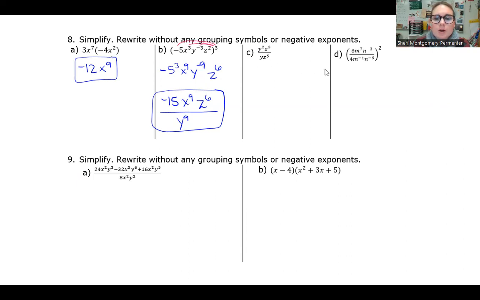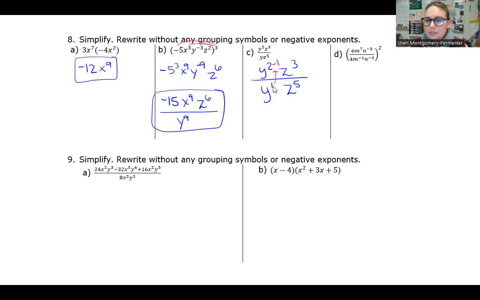For the next problem, I have y on top, y on bottom, and I'm going to rewrite it a little bit bigger. This is the same thing as y to the 1st power and z to the 5th power. I'm looking to see which one has a bigger exponent. Here 2 is bigger than 1, so I subtract, and this goes up on top, and I subtract 1.